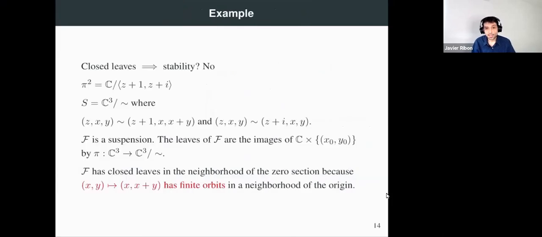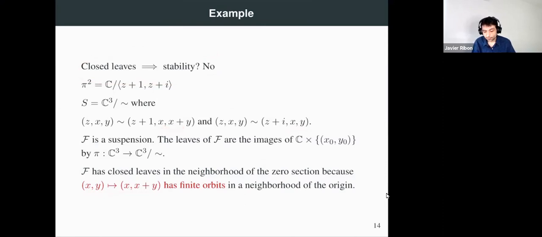In the example that we gave of a foliation that has closed leaves but is not stable, we consider a suspension. Here we have two biholomorphisms in C2. They are both linear. We are considering them just in a neighborhood of the origin.